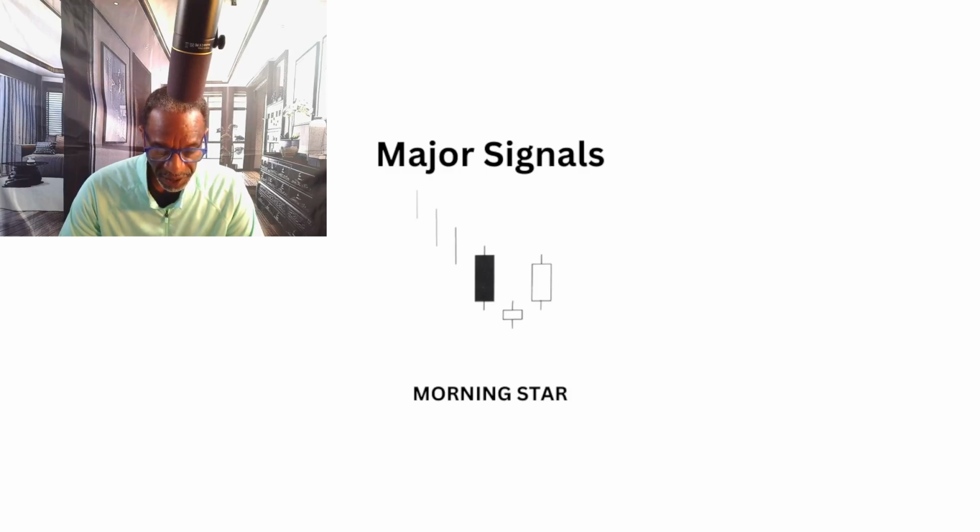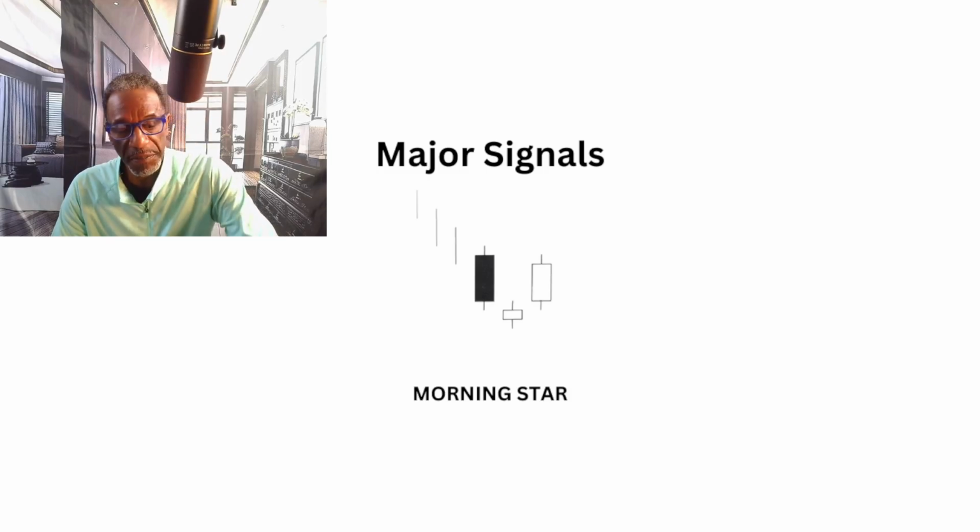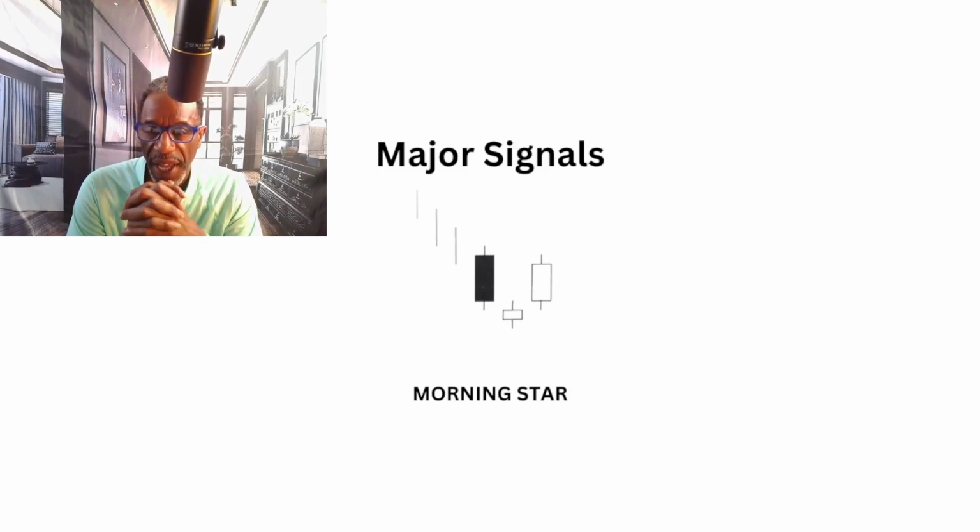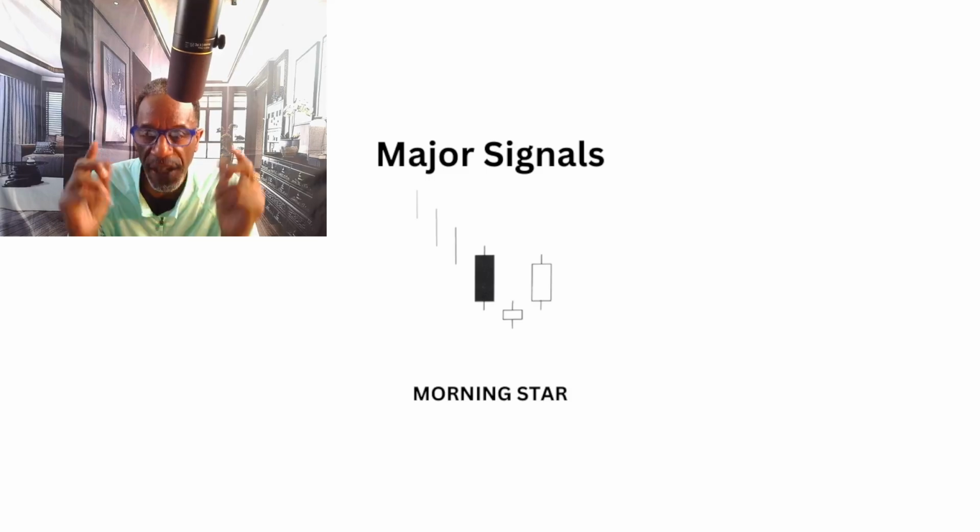A gap between the first day and the second day adds to the probability that a reversal is occurring. A gap before and after the star day is even more desirable. The magnitude that the third day comes up into the black candle of the first day indicates the strength of the reversal. You know, this starts to become common sense to you as you learn these patterns and you have behavioral finance in the background.